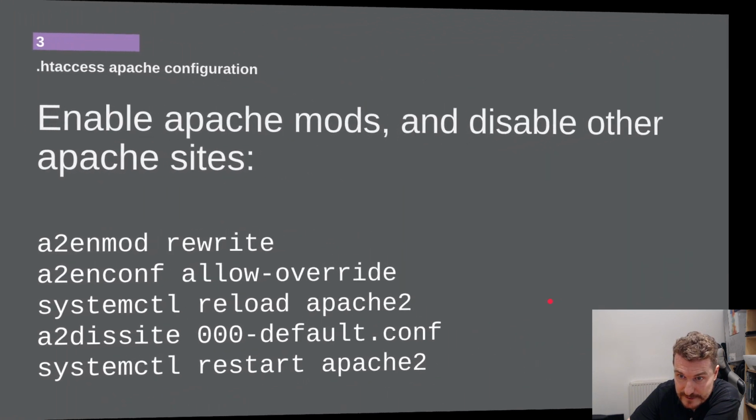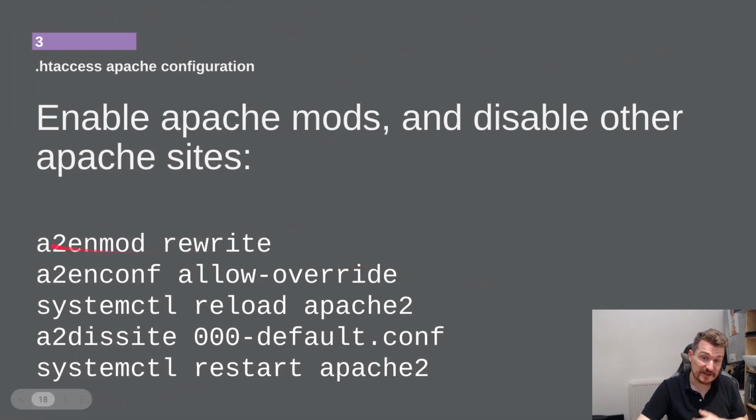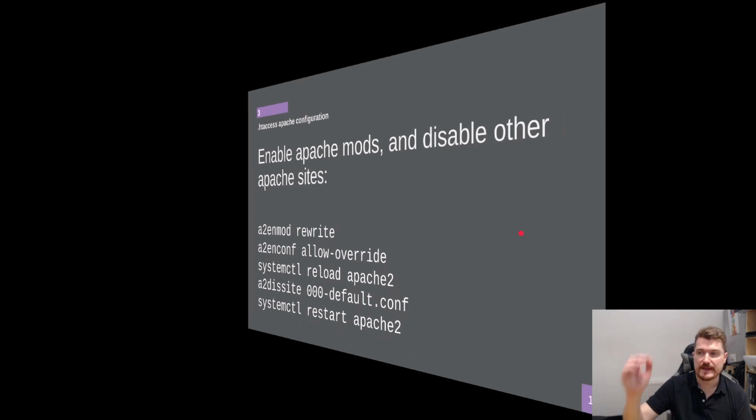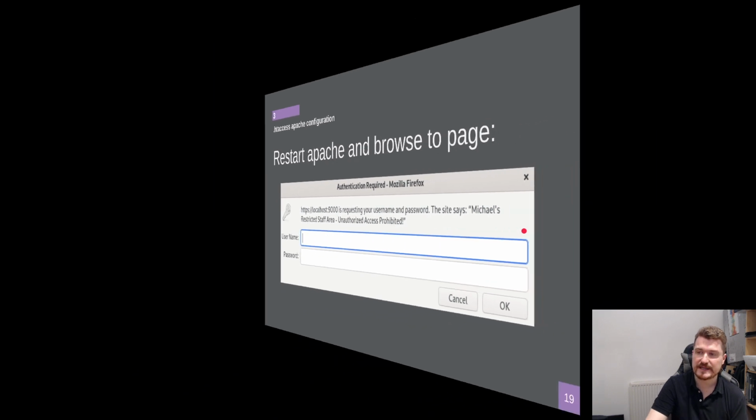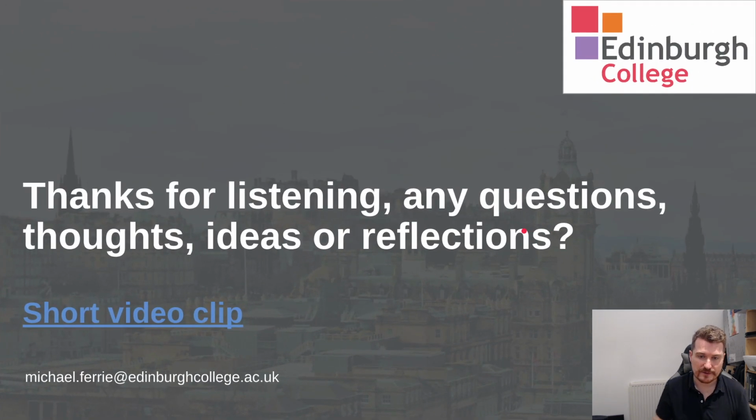That's what we need to do. We also need to make sure mod_rewrite is turned on, and then we need to restart Apache after we've made changes to the configuration file. And when you browse to the page, this is what should come up here. It says, look, Michael's restricted staff area, unauthorized access prohibited, and that will lock you out.